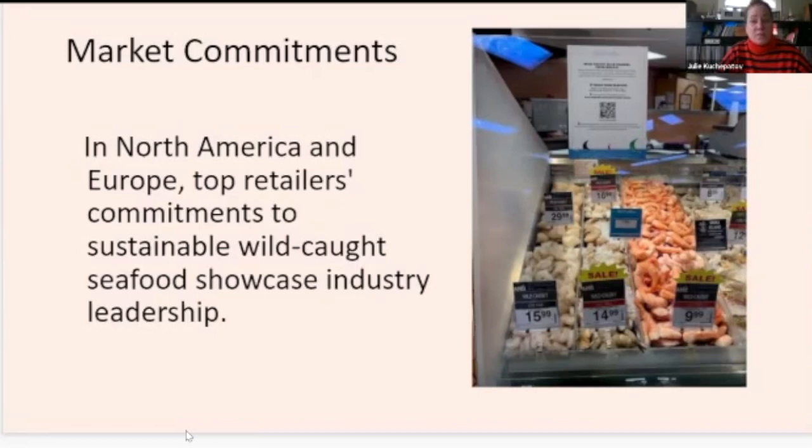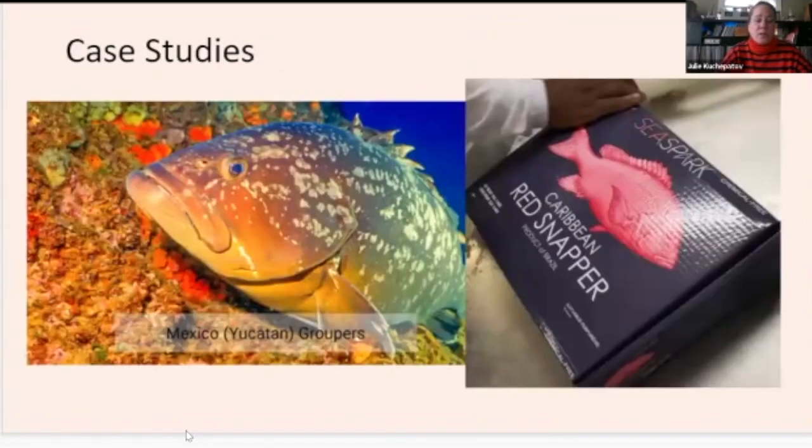Seafood buyers in North America are using their leverage to get fisheries into improvement initiatives by saying, I'm committing to this certification, and if the fishery wants to sell into my retail store, they have to do that. And so this is pretty new.